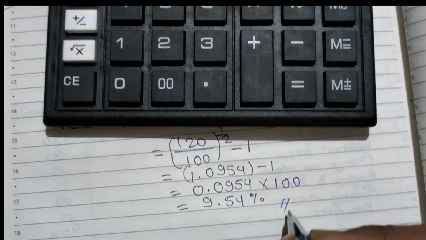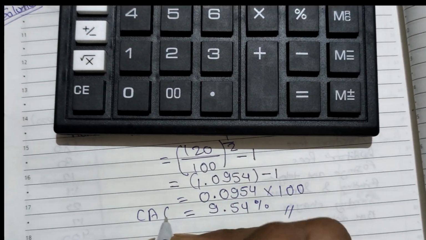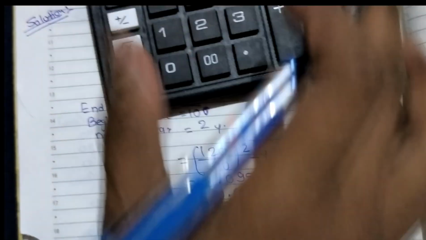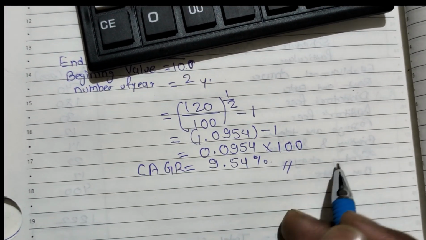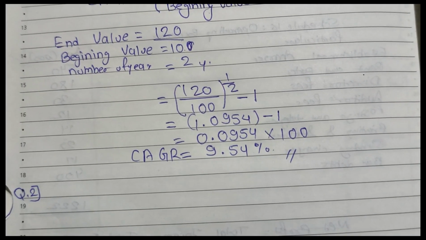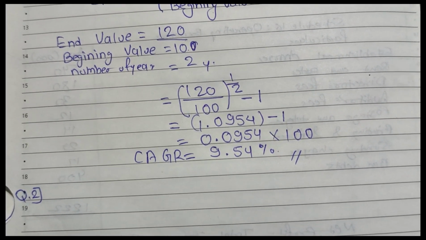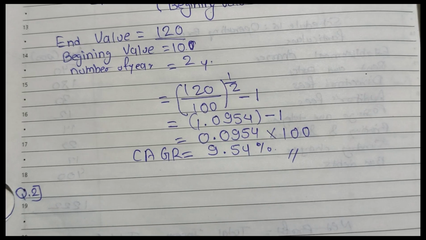It is the final CAGR value. The compound annual growth rate of the returns is 9.54 percent. The CAGR, guys, and after that we are going to calculate for 6 years, and after that 3 years.